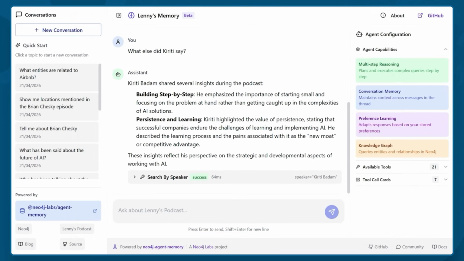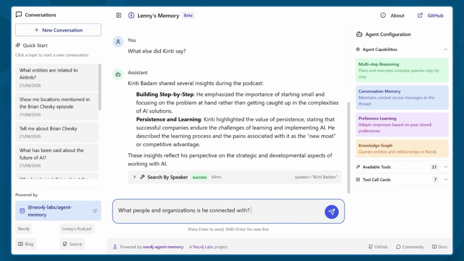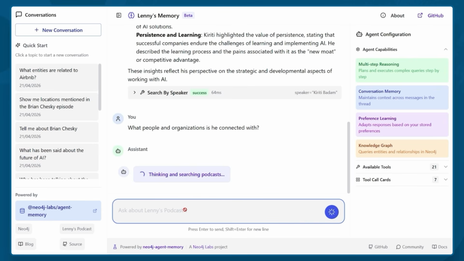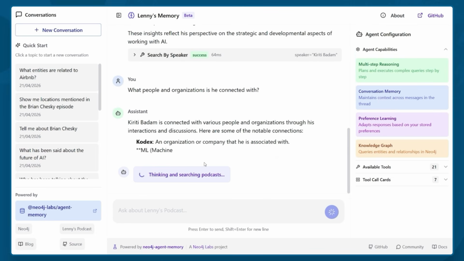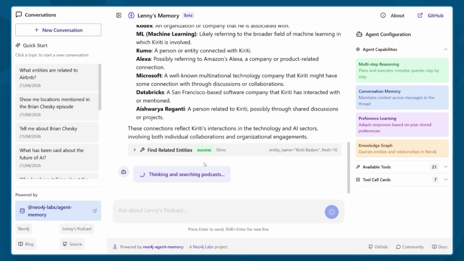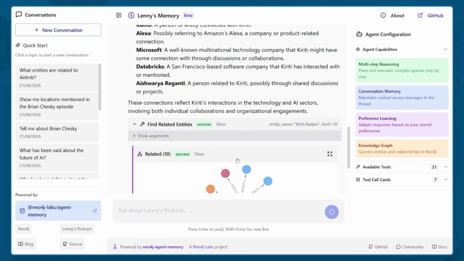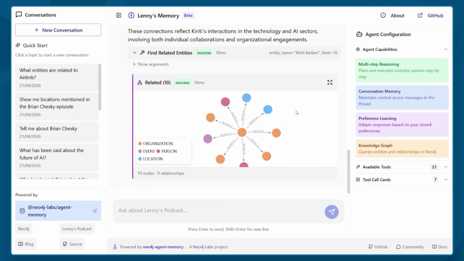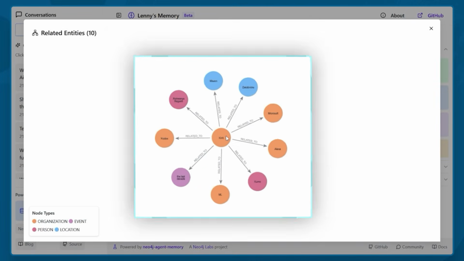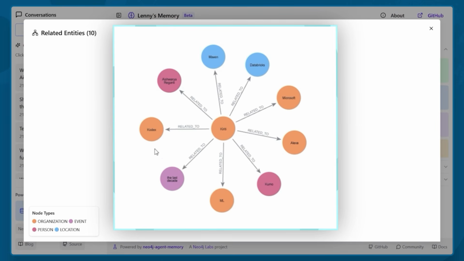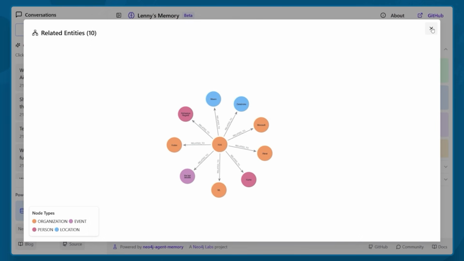Now, this ongoing conversation is also stored in memory, allowing me to reference previous messages, such as what people or organizations is he connected with, he being Kiriti. Again, it's going to use our memory to search and find organizations who Kiriti is related to. And the context shows that this question is being answered by relationships in the graph. We can see that Kiriti has relationships to all of these other people and organizations.